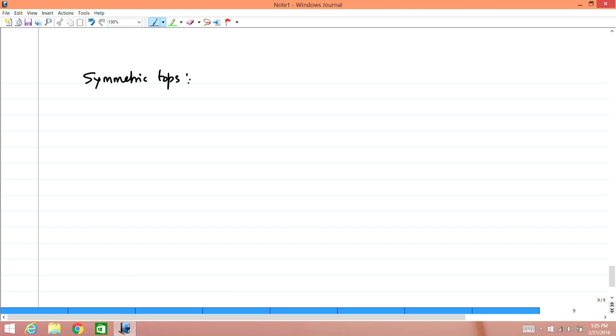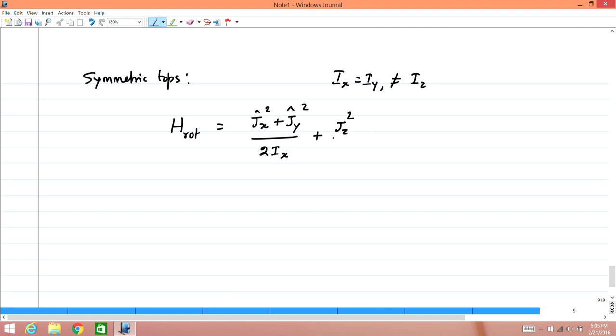For the symmetric top, let us consider the particular case that I x is equal to I y and I z is different from both of them. Therefore, you have the rotational Hamiltonian, which is only the kinetic energy component of the rotational motion: j x square plus j y square divided by 2 I x, because x and y are the same, and then j z square divided by 2 I z.